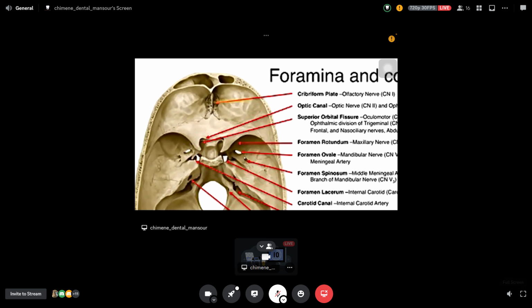You have a clear picture of the styloid process, SP, and the tympanic part of the temporal bone, TT, and the external acoustic meatus, EM. Please don't forget them.